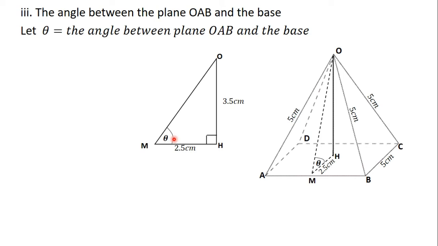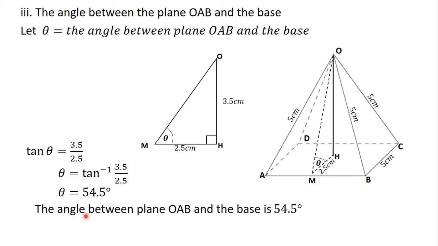So we are looking for theta and we have opposite and adjacent. We are going to use tan because tan theta is equal to opposite divided by adjacent. So from this diagram, tan theta is equal to opposite, which is 3.5 centimeters, divided by the adjacent, which is 2.5 centimeters. And so theta is equal to tan inverse of 3.5 divided by 2.5. And that will give us 54.5 degrees.